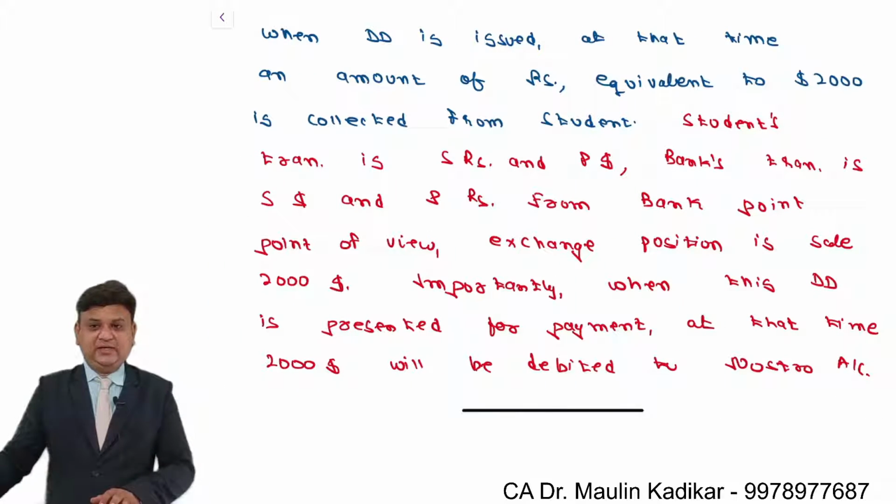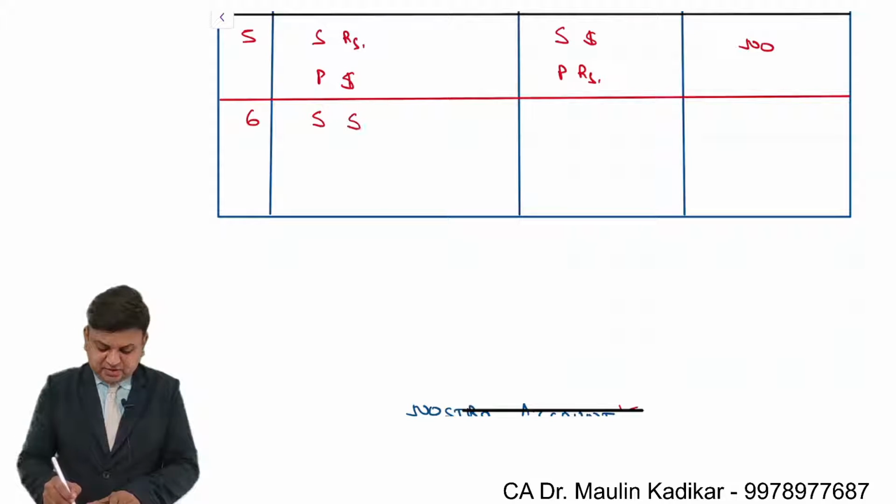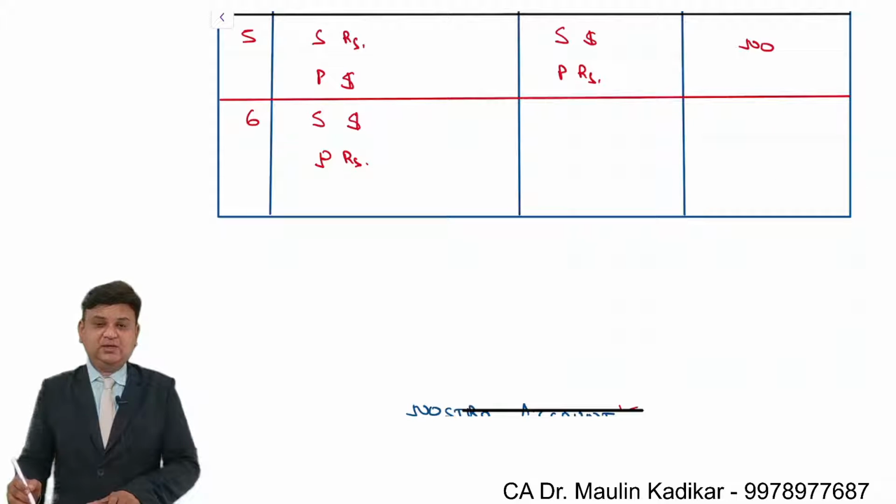So we understand that from the customer's point of view, the transaction is sell of dollar and purchase of rupees. We understand that the $8,000 is equivalent to some amount of rupees today, not the entire amount. However, its discounted value, its present value, will be given to the customer.